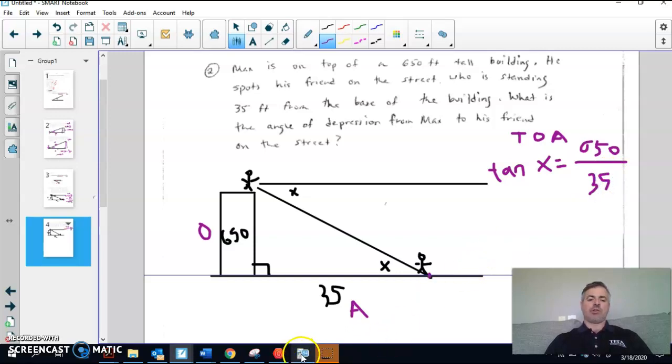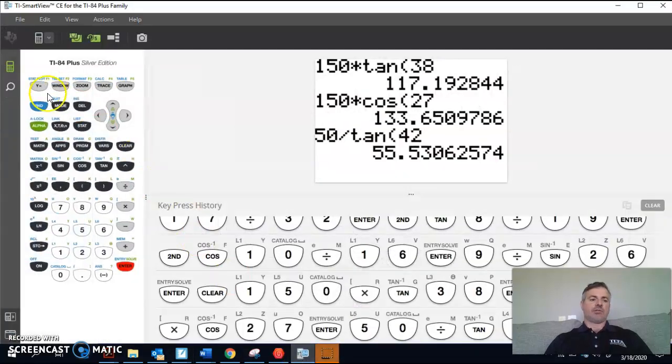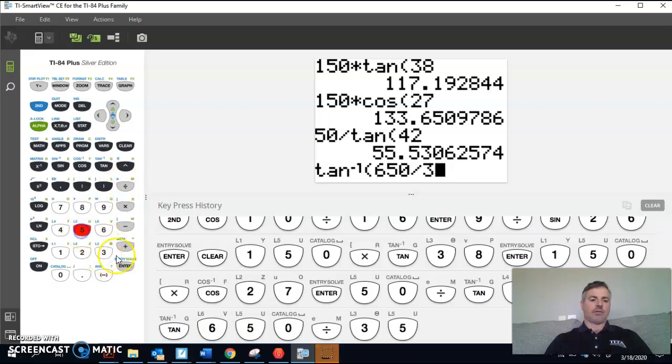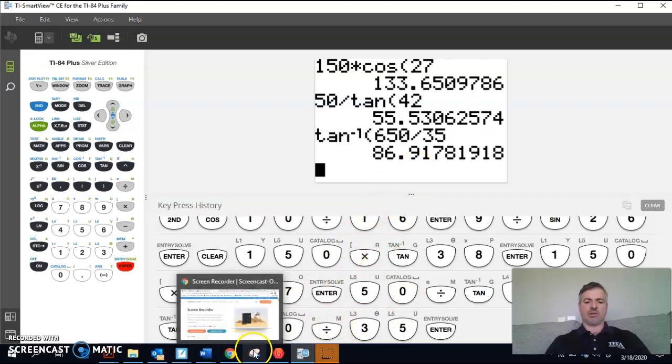So in order to do that on the calculator, remember you have to hit the second button. So 650 over 35. So I got to go second tangent, and I got to put in the ratio 650 over 35. And I end up with 86.9 degrees. So that's my degree measure, 86.9 degrees.